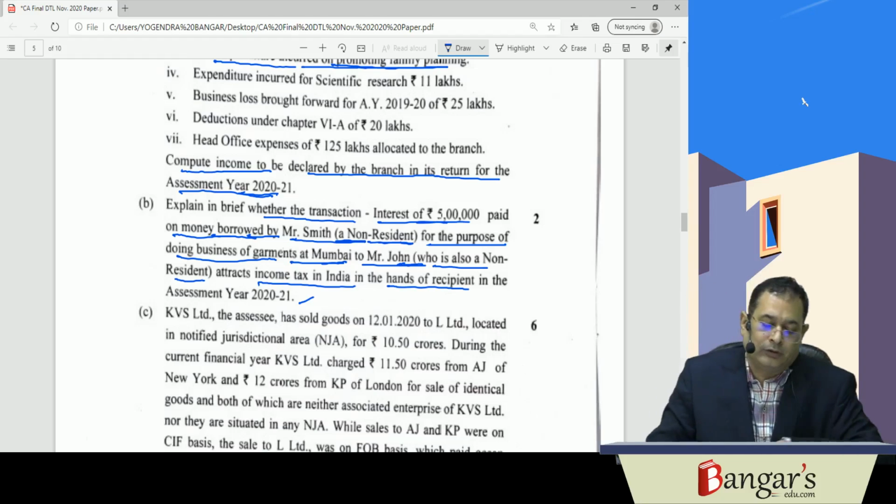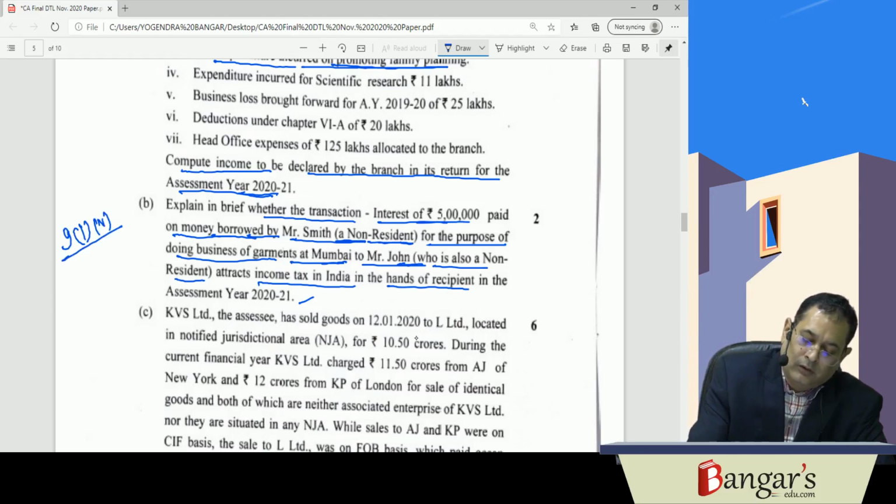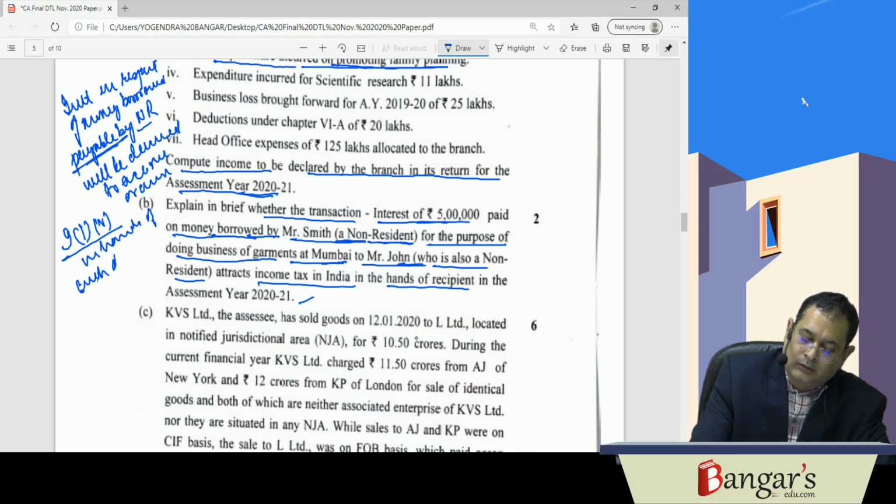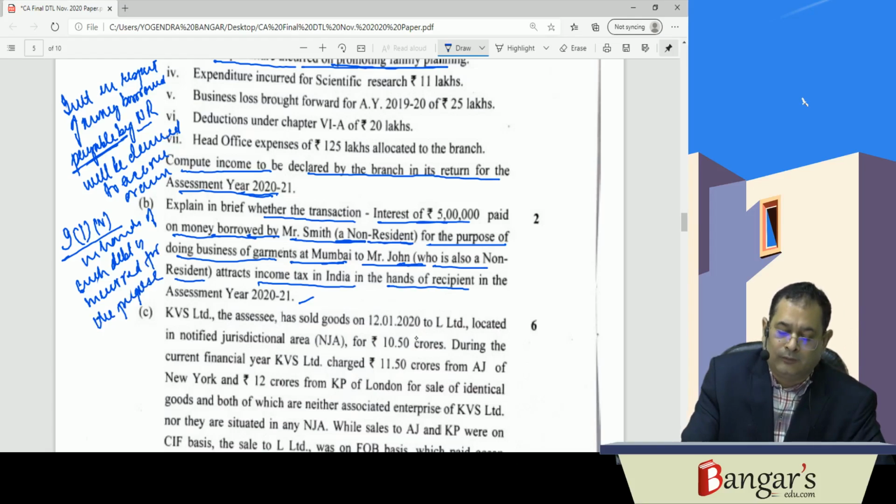So this was about section 9(1)(v). Interest in respect of monies borrowed, payable by an NR, will be deemed to accrue or arise in the hands of the recipient if such debt has been incurred for the purpose of business in India, for carrying on business in India.